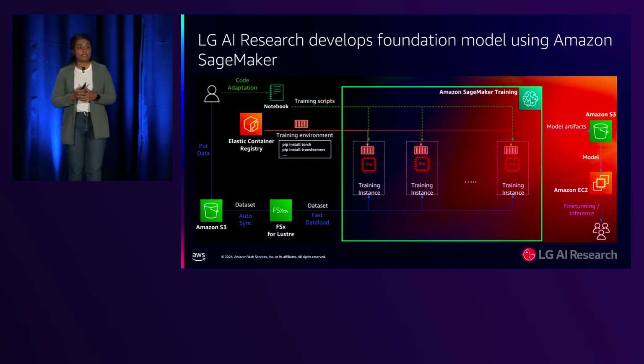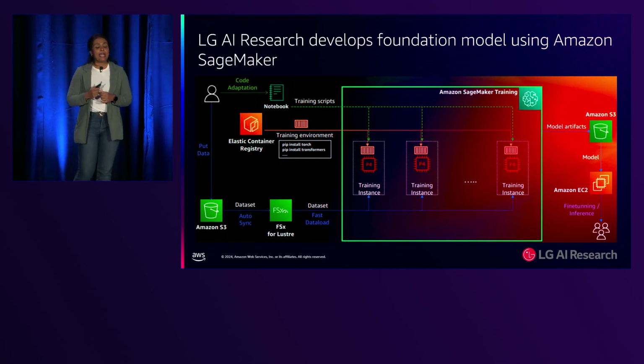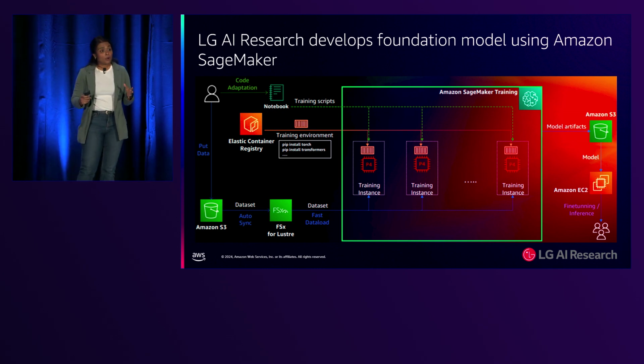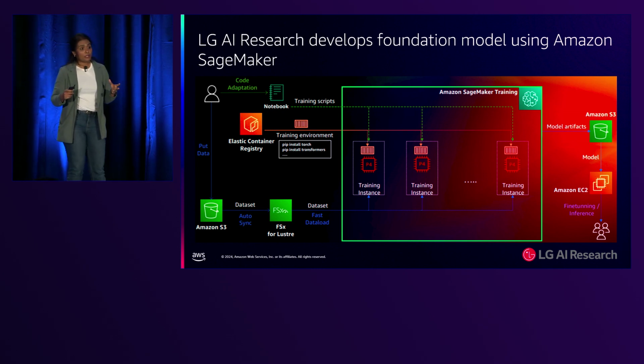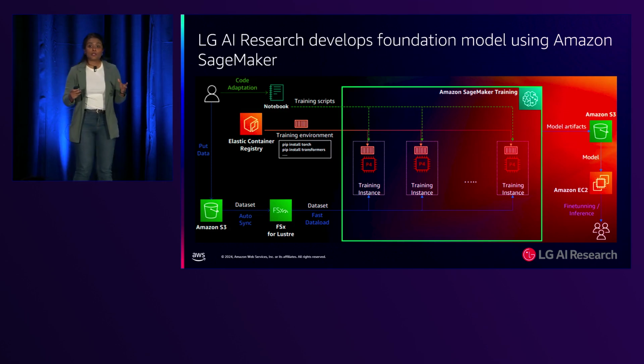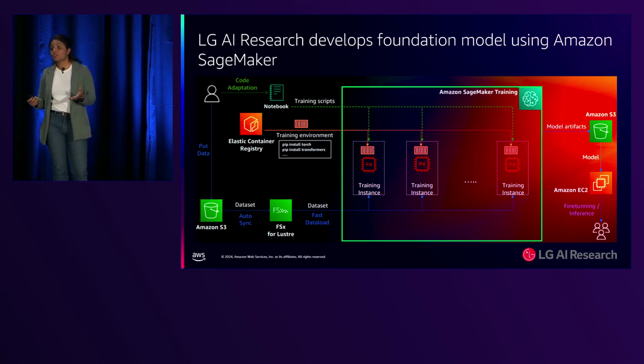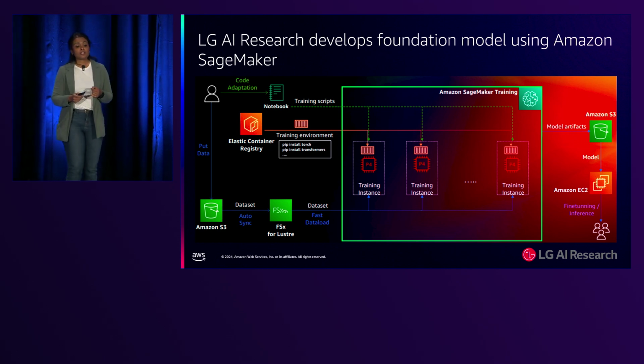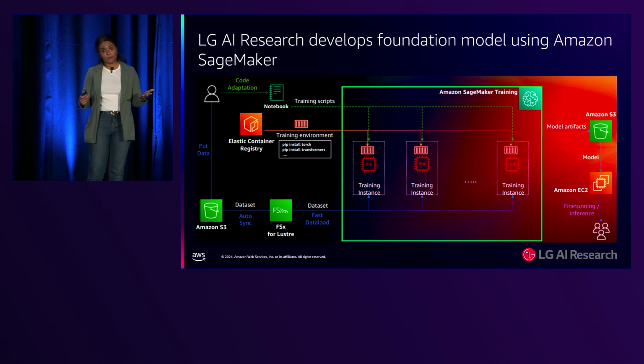Here's an example of a customer training their own model. LG AI Research is the research hub of LG. Now, they wanted to create a foundation model that is able to mimic a human brain. It has an advanced capacity to learn and has good judgment. Now, we all know no such model exists yet. So they decided to create their own.